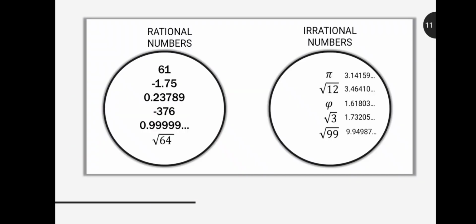Let's have an example. Here is a Venn diagram of examples of rational and irrational numbers. As you can see, these two sets of numbers do not intersect. It's because there is no number that can be both rational and irrational. So it's just one or the other.